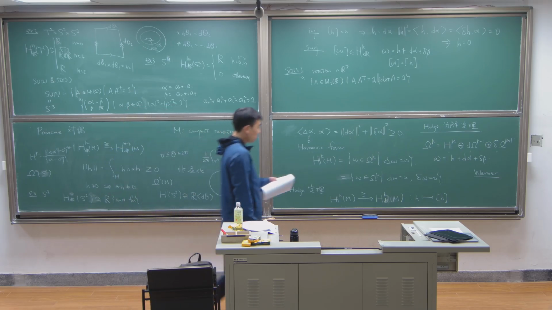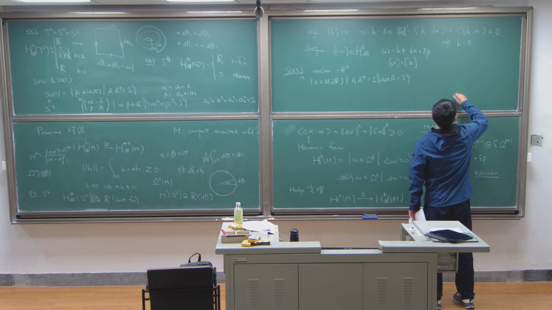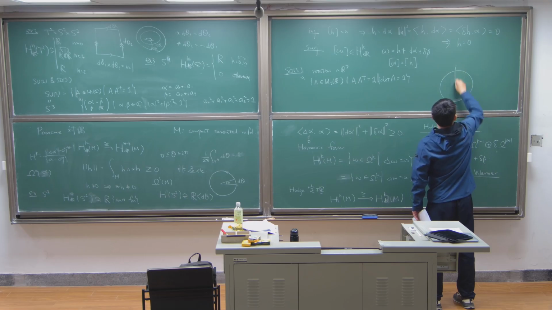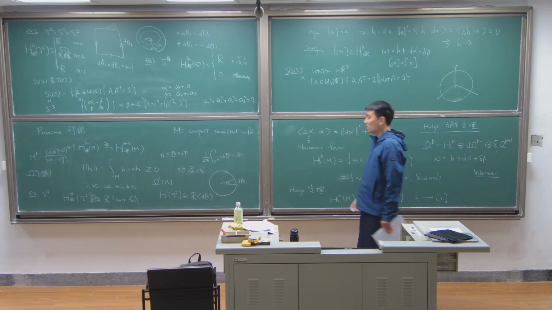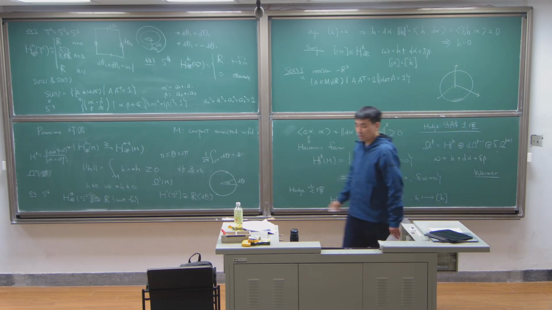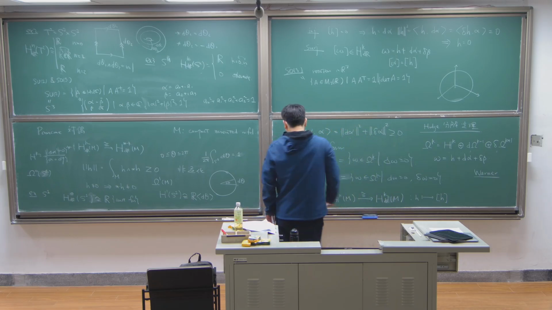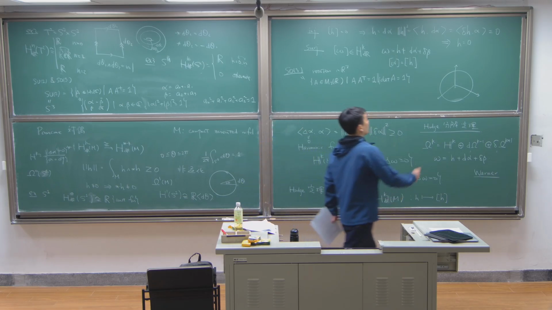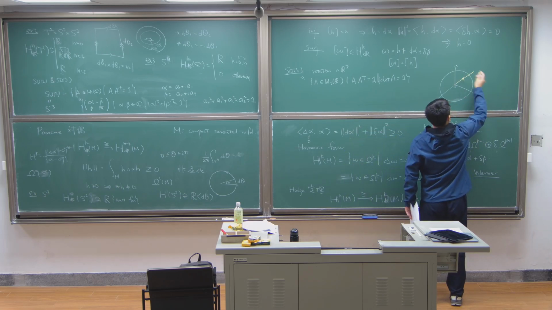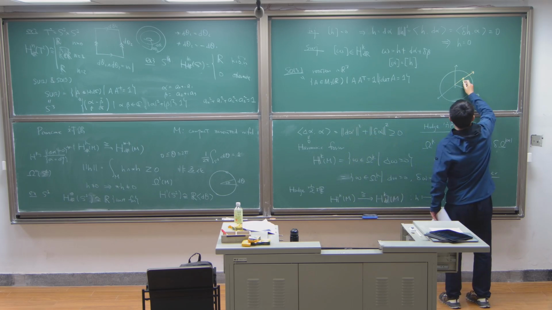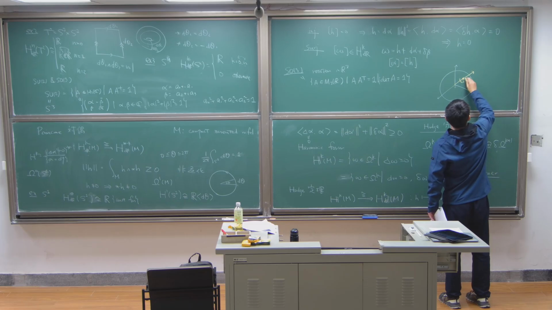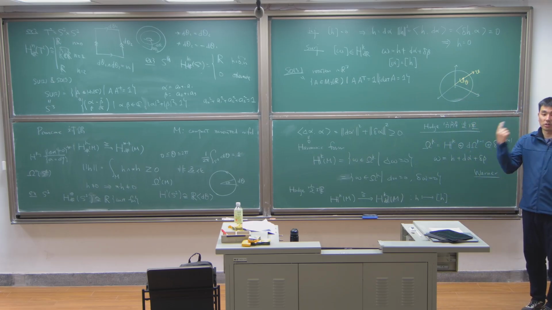But it's very easy to see the rotation. Rotation is very simple. So you define the axis of rotation, and then from there you can define the rotational angle. So this is B and theta.